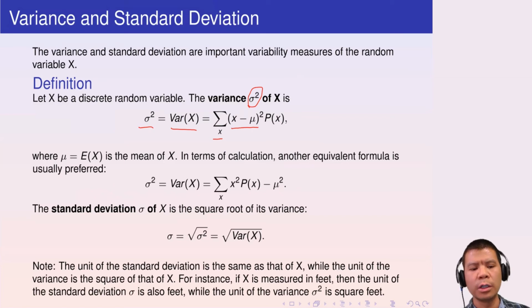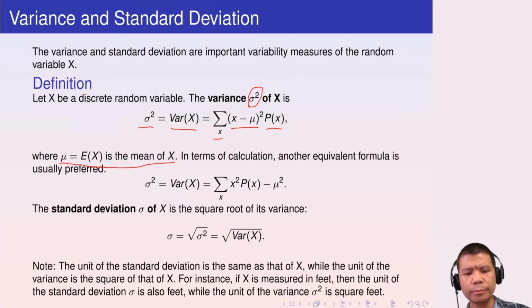Here mu is the mean, so x minus mu is the deviation of x from the mean. You square the deviation and multiply by the corresponding probability, then sum over all x's, and you get the variance. So the variance is the expected value of the squared deviation of x from the mean.